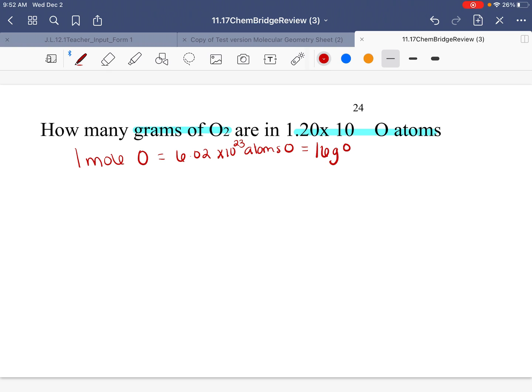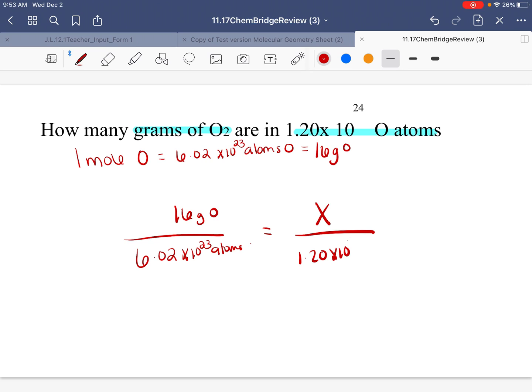I know that for 6.02 times 10 to the 23 atoms of oxygen, I have 16 grams of oxygen, right? Again, I'm trying to figure out how many grams are in 1.20 times 10 to the 24 atoms. So this is our setup. This is our ratio setup that we're going to solve for.